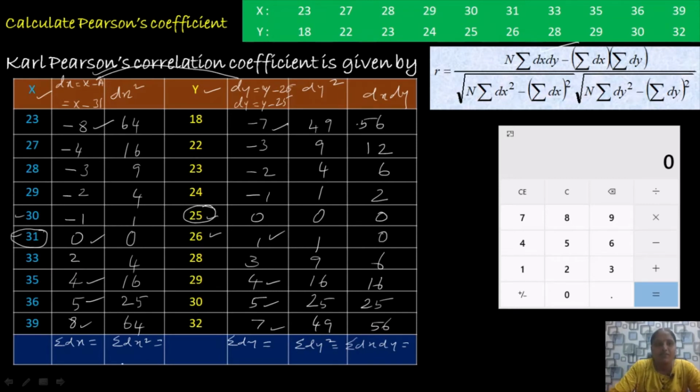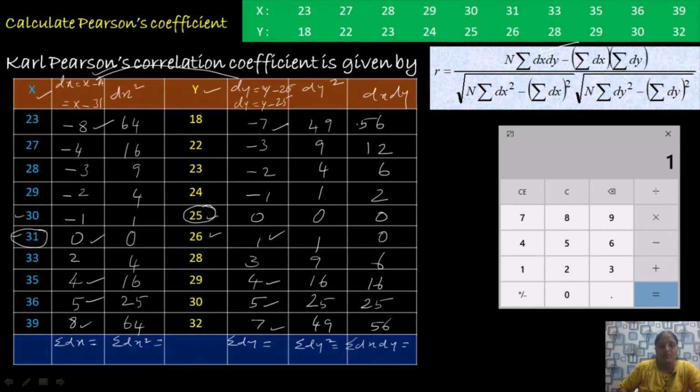Now let me first add the values of dx: minus 8, minus 4, minus 3, minus 2, minus 1, leave 0, next plus 2, plus 4, plus 5, plus 8. We get the total as 1.